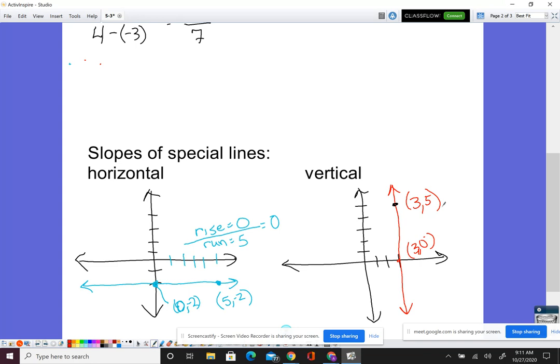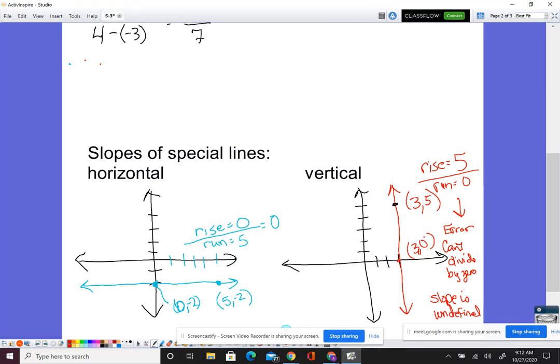Now my rise for those 2 points is 5. My run is 0. 5 divided by 0, when I go to my calculator, will give me an error because you can't divide by 0. So in this case, our slope is undefined.